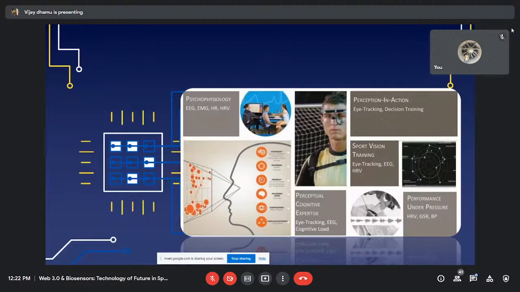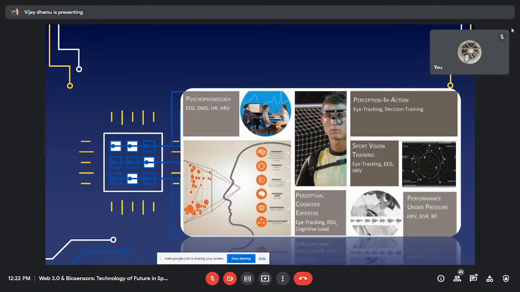So every second of our training will be recorded in these sensors and stored in the cloud, and we'll be getting more in-depth, activity-based data, not just laboratory data but real-time data as well.